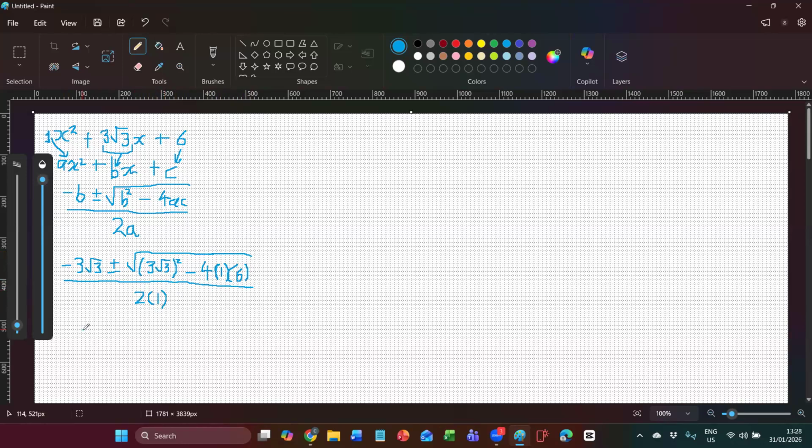Now that we have this, let's see how we'll progress from here. So I still have my minus 3 surd 3 in there, plus or minus.